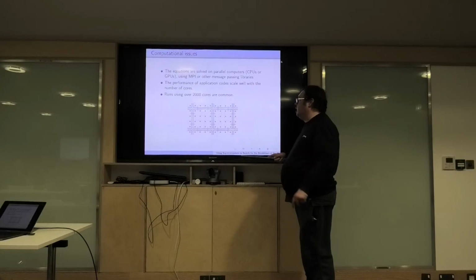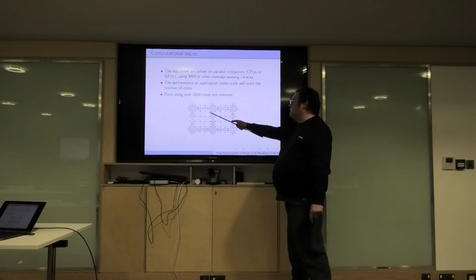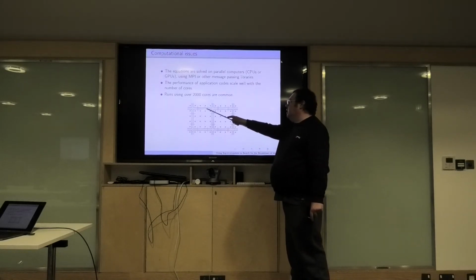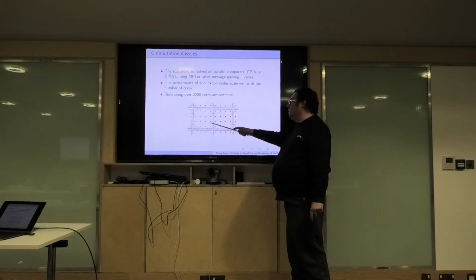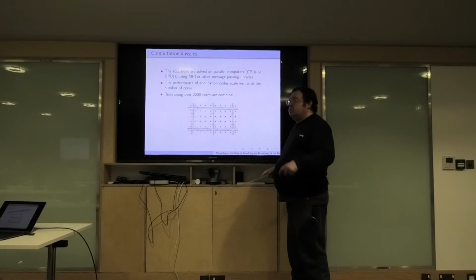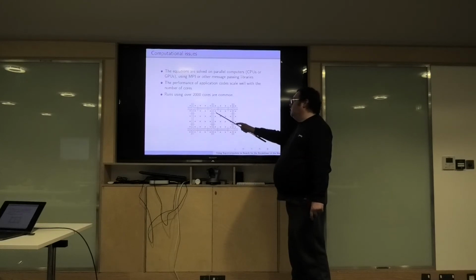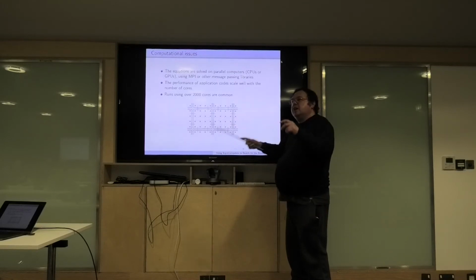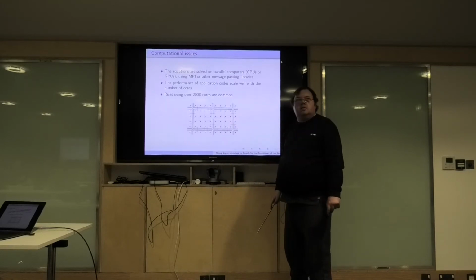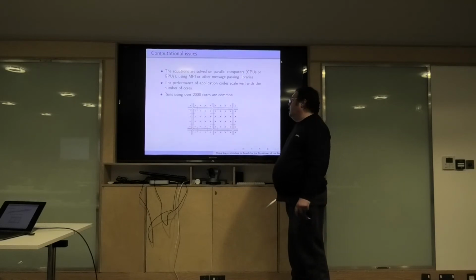It means we might run with 2,000 nodes, 2,000 PCs. I have a lattice, and I put part of my lattice on one node, another part on another node, and that's the way high-performance computing works. Sometimes, when I do my calculations, I need information from a neighboring node, so there's a little bit of communication.